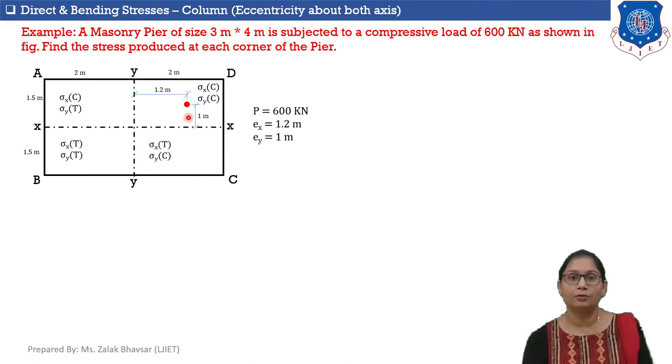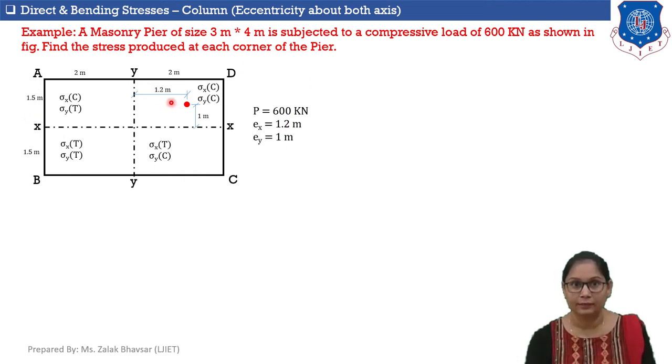Okay, now width of this column section is 4 meter and depth or thickness of this column section is 3 meter. Okay, now you can see that this point load is 1.2 meter away from this y axis. It means eccentricity of this load about x-axis is 1.2 meter.